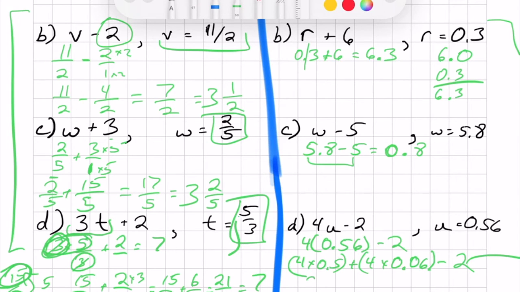So this is going to be 2.0, and that's going to be 24, so that's going to be 0.24 because it has 2 decimal places, minus 2. Already I can see right here that 2 minus 2. So I could just go 2.24 minus 2, and then it's going to be 0.24. But I like to go, those two are just going to cancel out, and there is my answer. So it depends on how you need to do it.